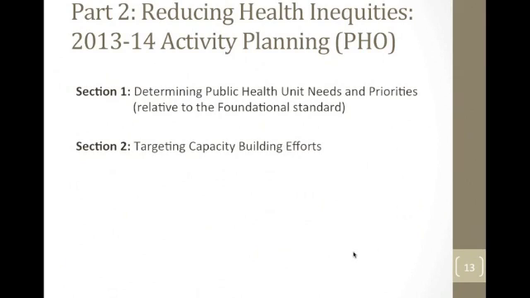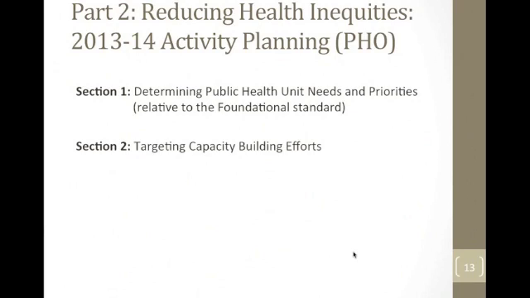In addition, we've added a part 2, and the part 2 is on request from Public Health Ontario. Public Health Ontario is now busy planning its activities for the next year to support boards of health and staff, and so they've asked if we could also assist them in doing a bit of a needs assessment. So there are 2 sections in part 2. The first section is there to ask for input for needs and priorities, and these are relative to the foundational standard.